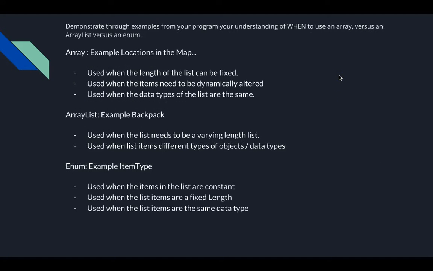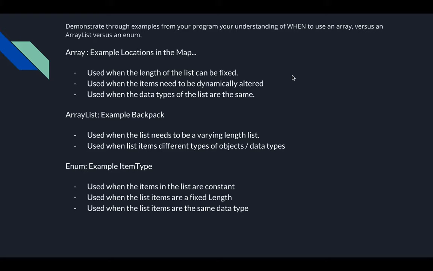So on to arrays, and when to use a different list. An array is used when the length of the list can be fixed, when the items need to be dynamically altered, and when the data types of the list are the same.